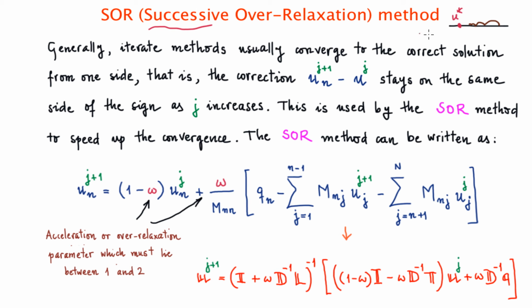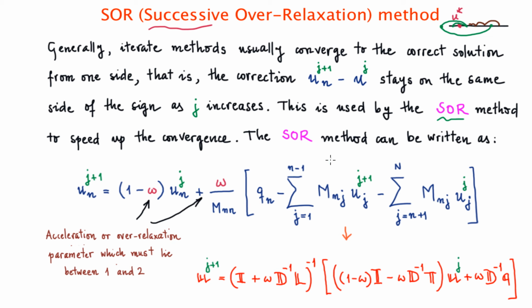And here, the SOR method is making something, we'll see later, so that starting from one side here, it allows the method to go to the other side from one iteration to the other, and then goes back to the other side, which might speed up the convergence. So as said here, this is used, moving from one side to the other, by this SOR method to speed up the convergence.